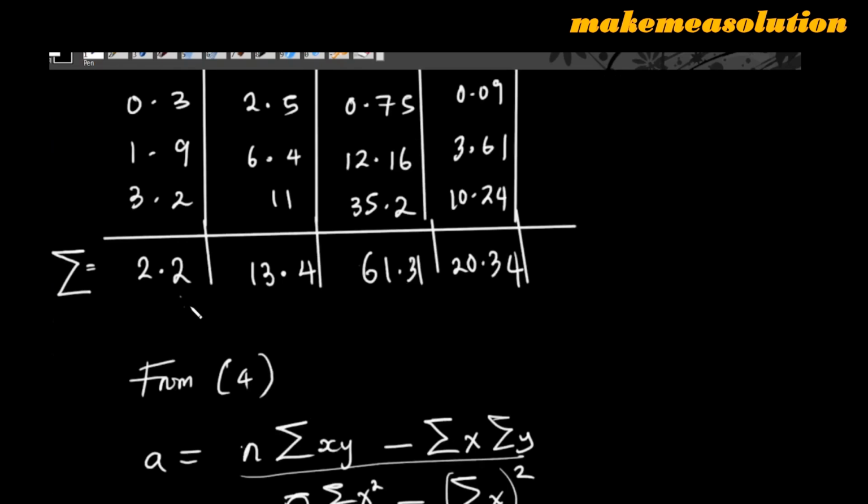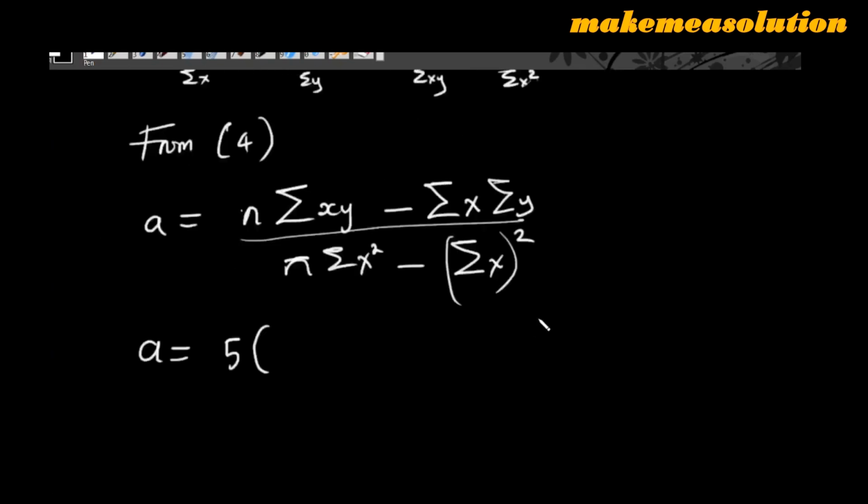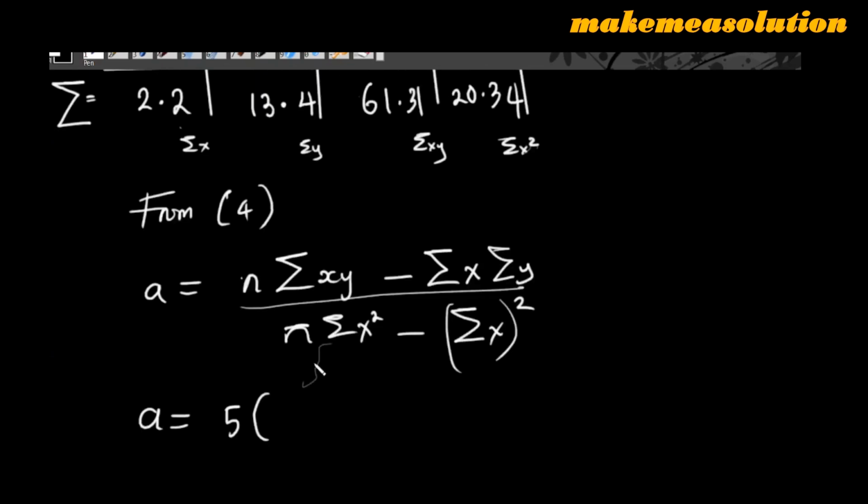Let me write it: this is summation x, this is summation y, this is summation xy, and this is summation x squared, so I can make reference to it. All right, good. So my n is 5, summation xy is 61.31, then minus summation x times summation y.